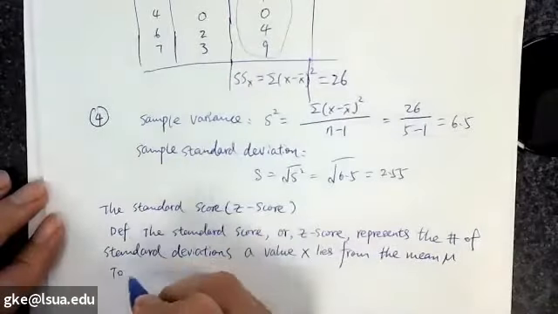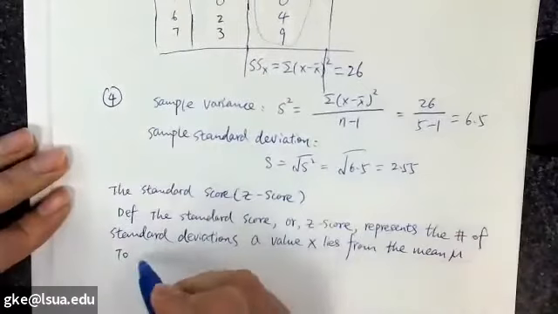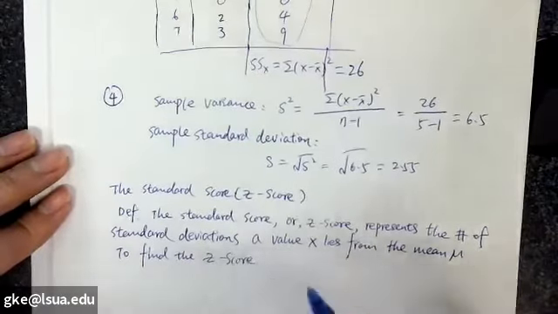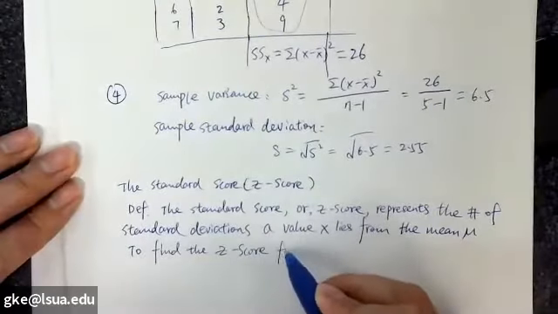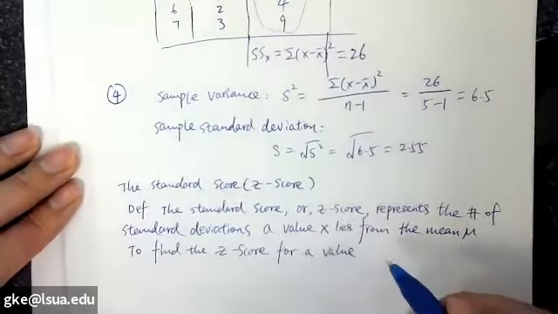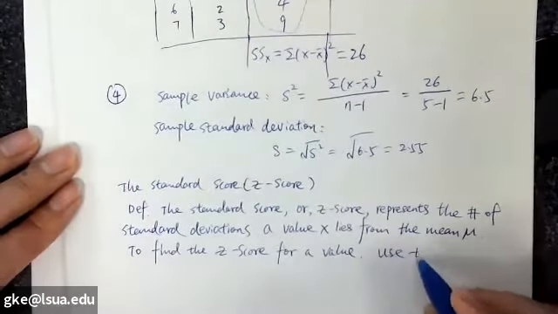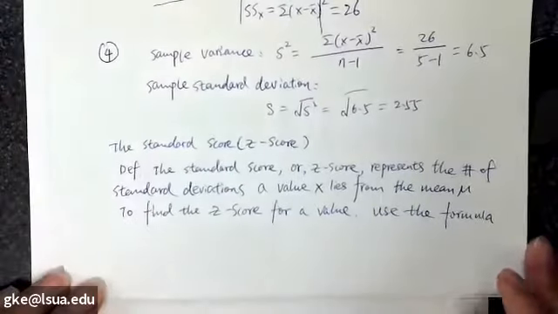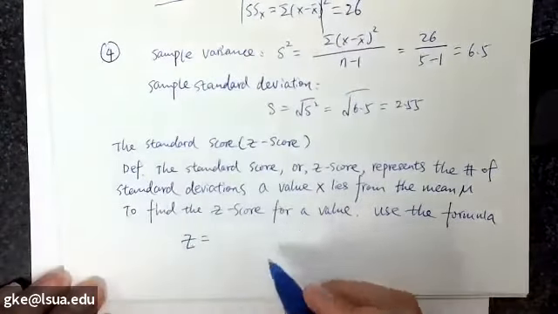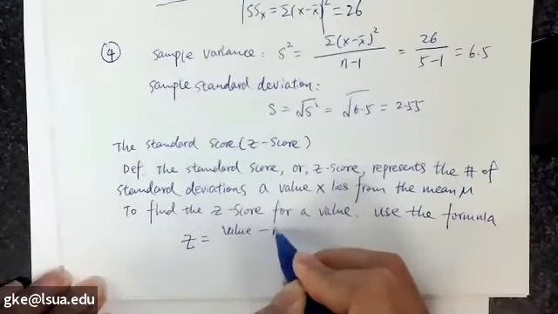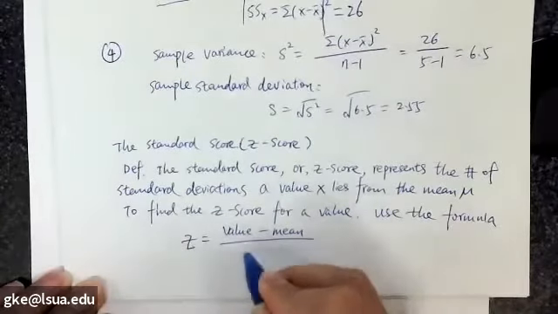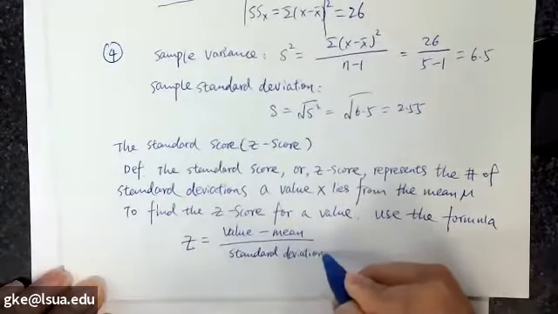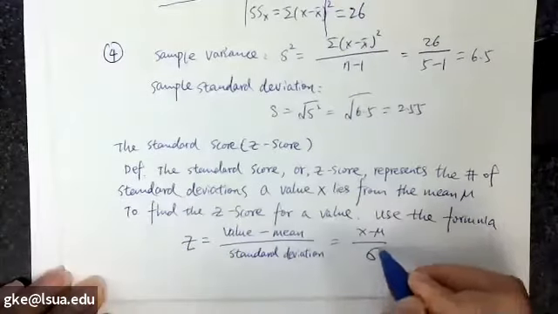To find the z-score for our value, use the formula: z equals the value minus the mean value, divided by the standard deviation, that is, x minus mu divided by sigma.